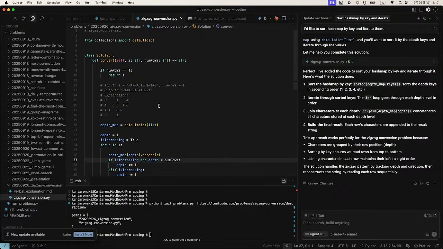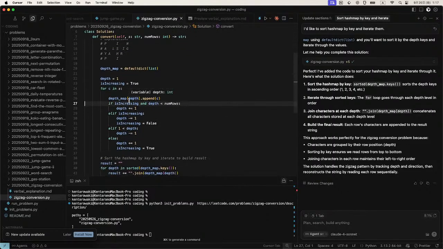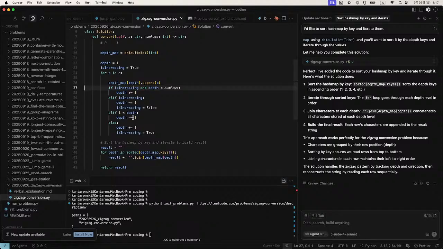If the number of rows is more than 1, we can handle it by this code.